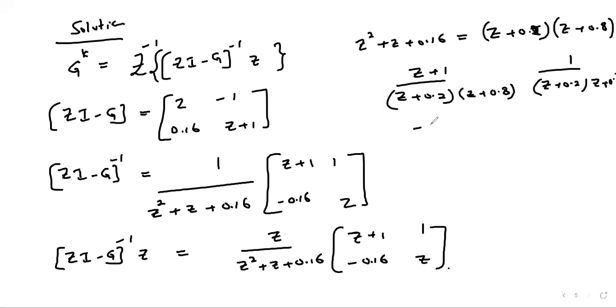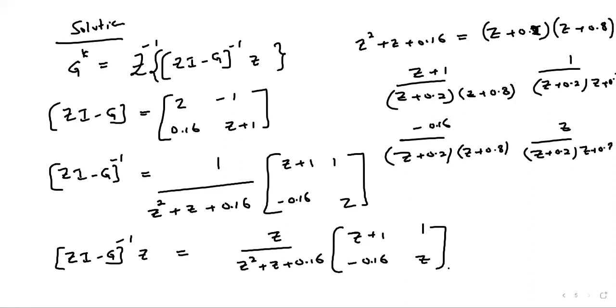We also get -0.16 over (z+0.2)(z+0.8), and the term z over (z+0.2)(z+0.8). So those are the partial parts we need to establish. And determining the partial parts, then we'll multiply all of them by z.